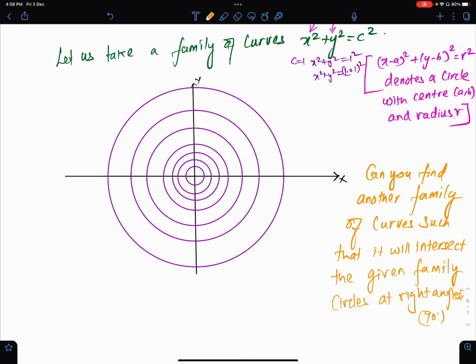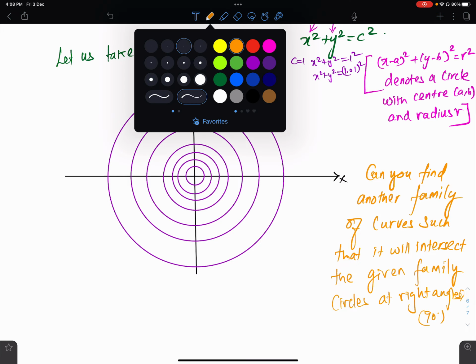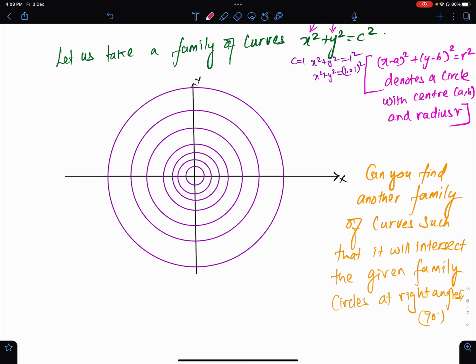See here, I'm going to draw another family of curves, but every member of that family will cut every member of the family of circles at right angles. Suppose I am taking the straight lines passing through origin. For example, I am taking a family of straight lines passing through origin.